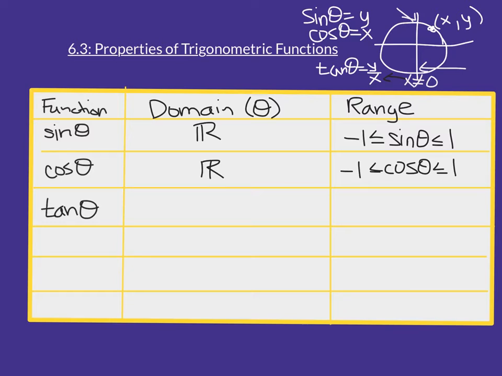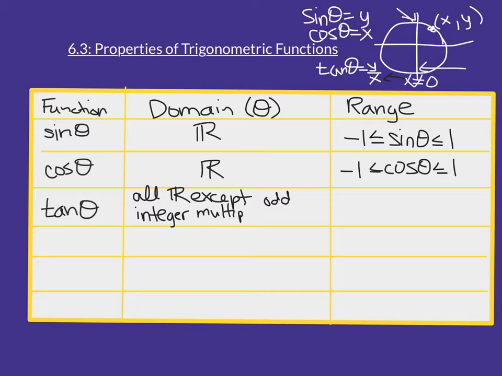So tangent cannot be equal to that value. So I'll actually just give you the entire domain. So the domain of tangent is that our theta is going to be all real numbers except for those that have an odd integer multiple of pi over 2. So that means that you can't have pi over 2, that's 90 degrees.